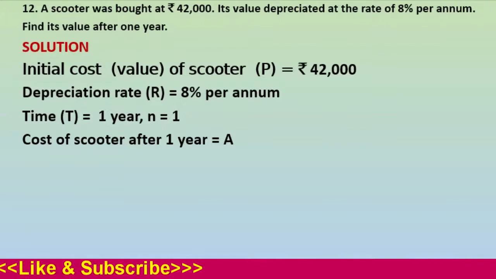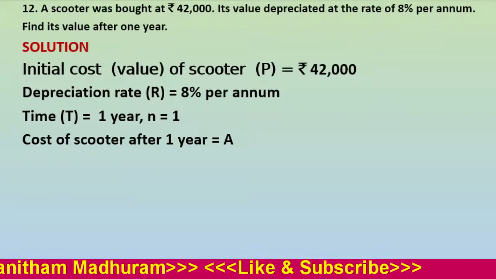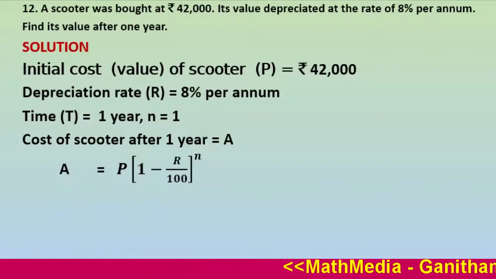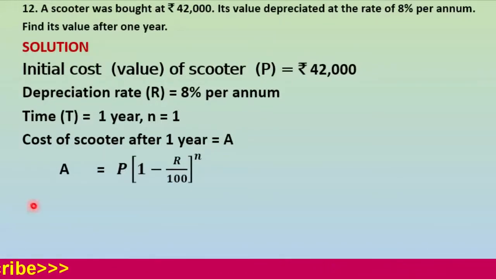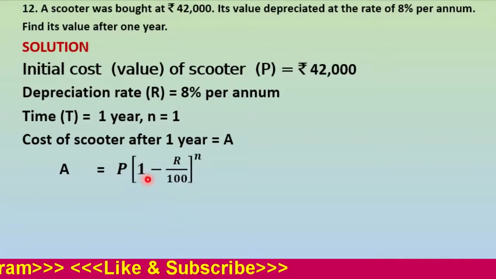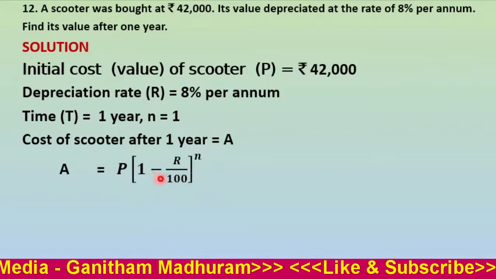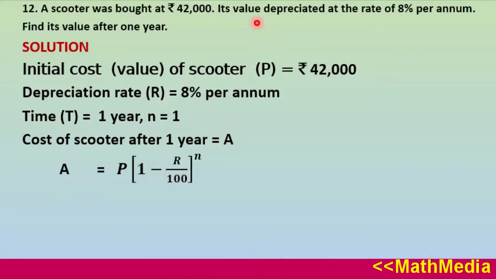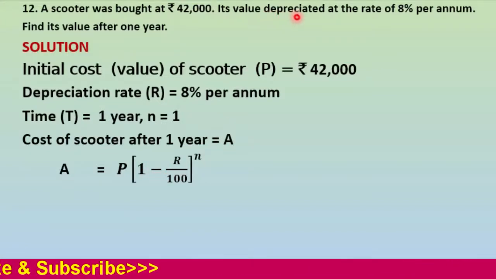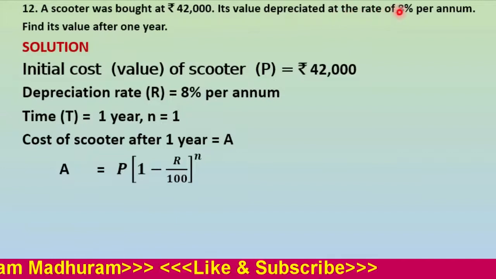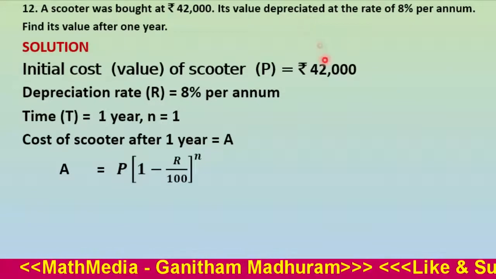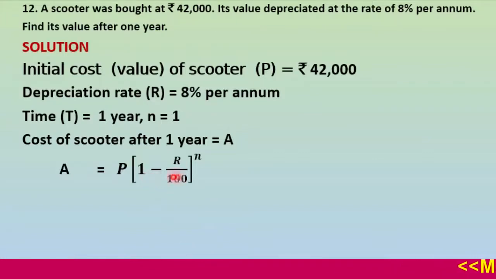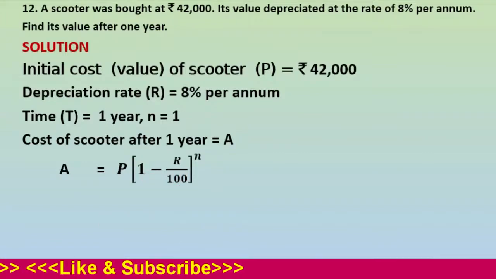So the cost of the scooter after 1 year we take as A. Now we can write the formula here. A equal to P into 1 minus R upon 100 raised to n. Be careful, here we are using the minus sign because in the question the depreciation rate is given. That means a decreasing rate is given. So in the formula we use 1 minus R upon 100.